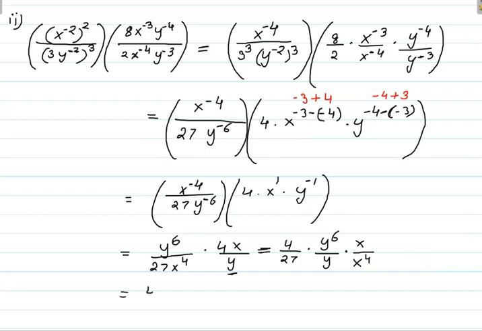And finally we can write 4 over 27 times y to the, okay, we can apply the division rule, or the quotient rule.